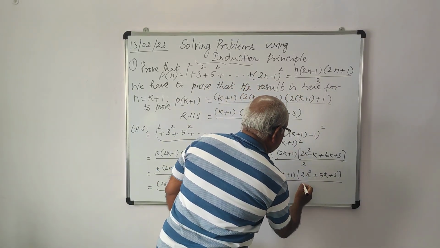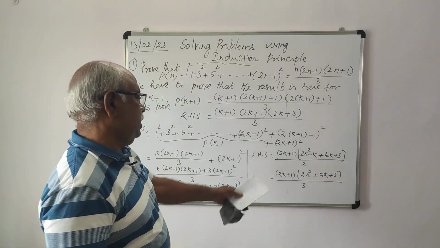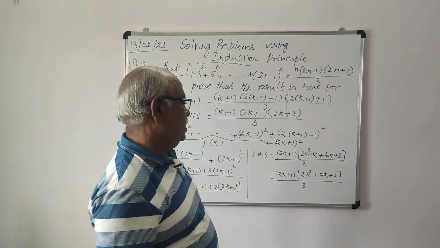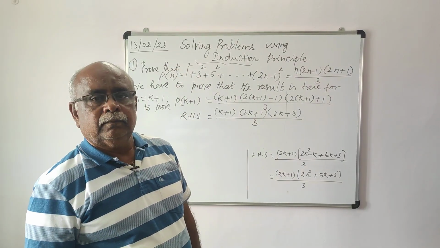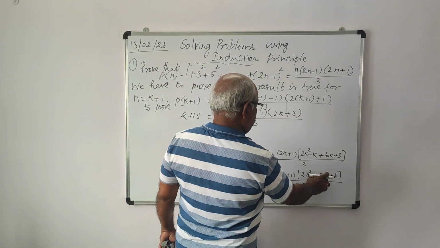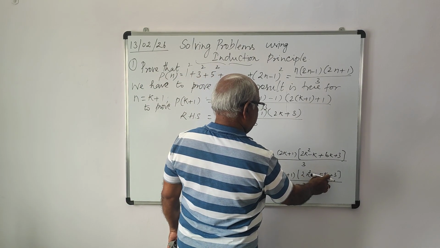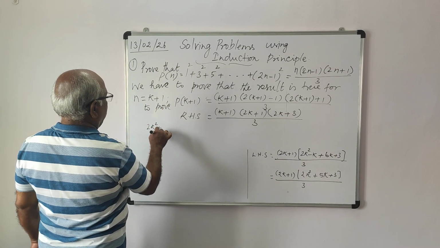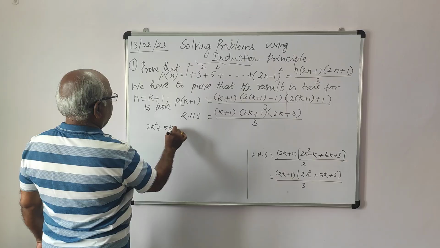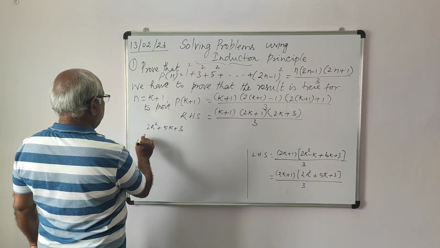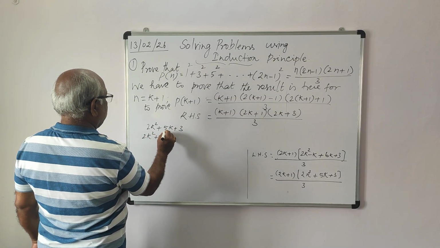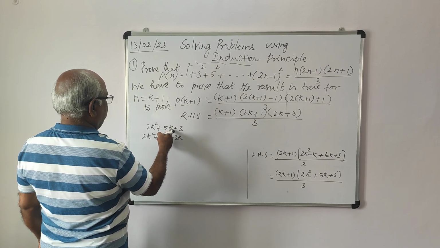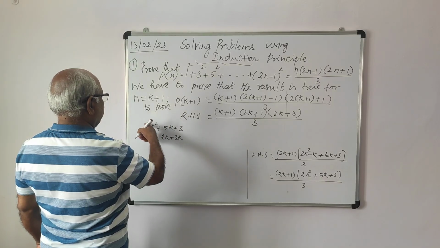Now you can factorize that 2k square plus 5k plus 3 into two factors. What we will get, we will see. Now factorizing the second term 2k square plus 5k plus 3, on factorizing you will get 2k square plus 2k plus 3k. 2k plus 3k is 5k, 2 into 3 is 6k square.